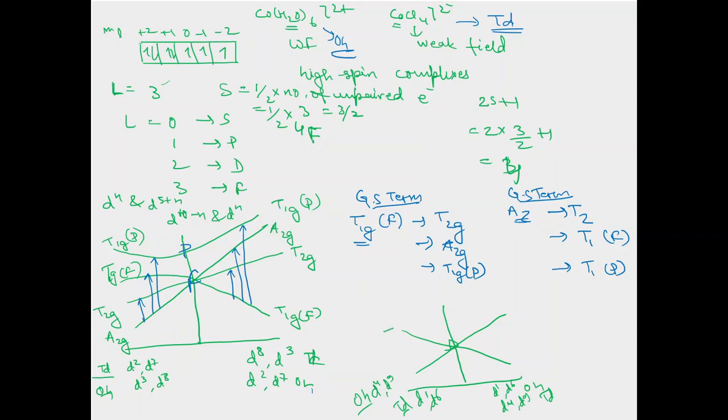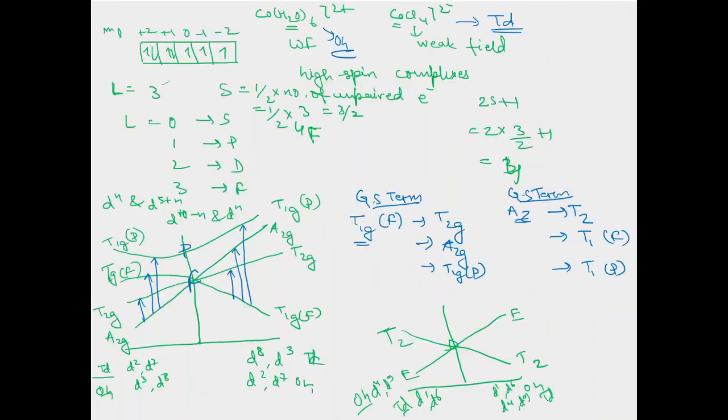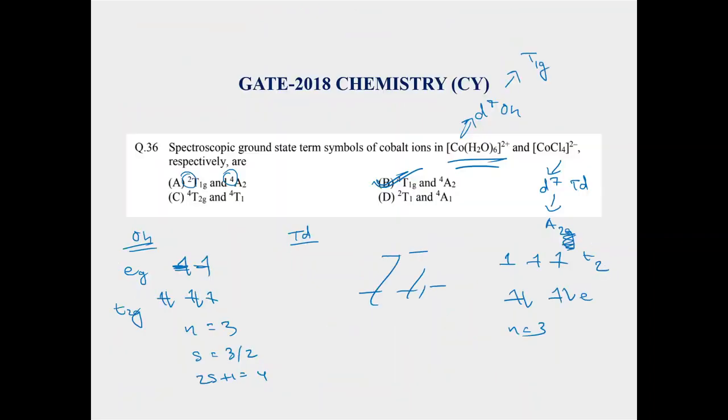So here it will be T, E and A. If it's octahedral, then this g will come, or else it will not come. So the Orgel diagram is very important for knowing which transitions take place. Here the transition will be from this to this. So we can move on to the next question.